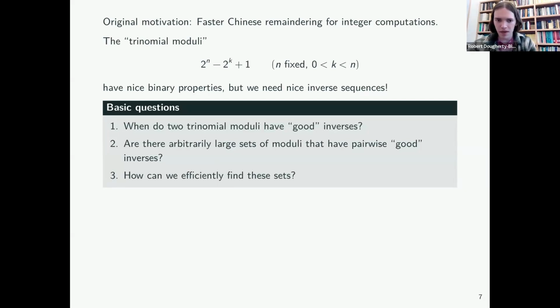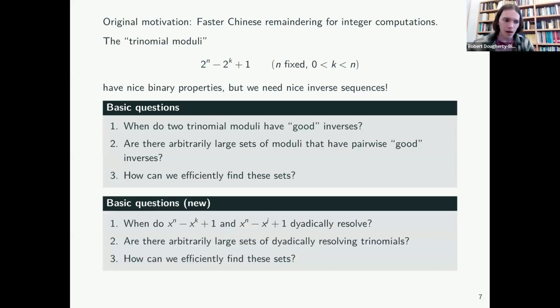So this is what we're updating everyone on today, the work of the past year and trying to answer some of these questions. And the first thing that we learned in the past year is that it's really better to not think about these moduli themselves, as in these specific powers of 2. It's much better to think about the underlying polynomials instead. So really what we want to ask is all the same questions, but translated to be about polynomials instead of integers.